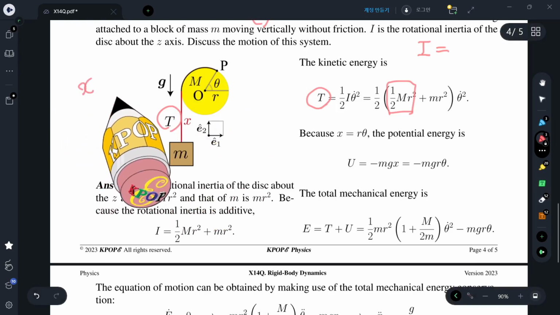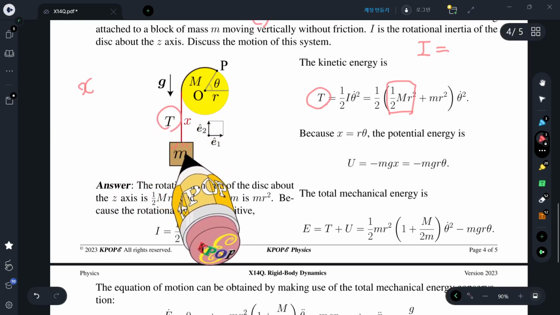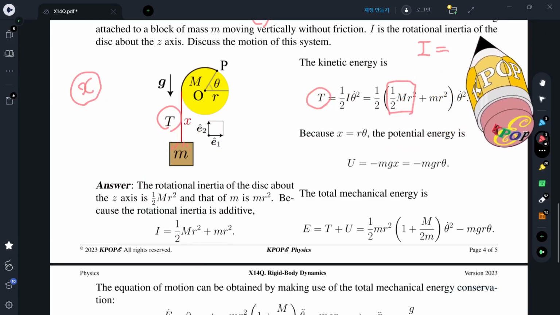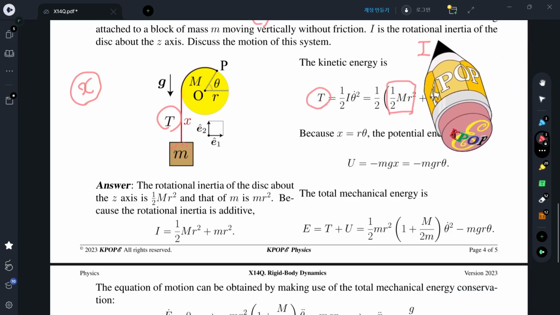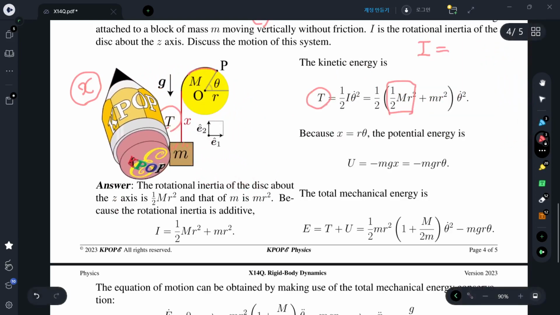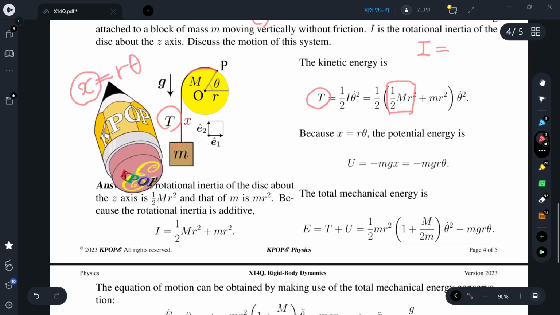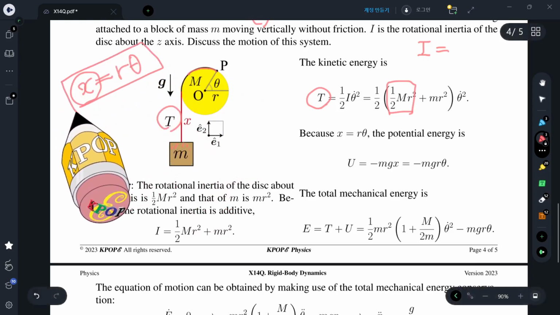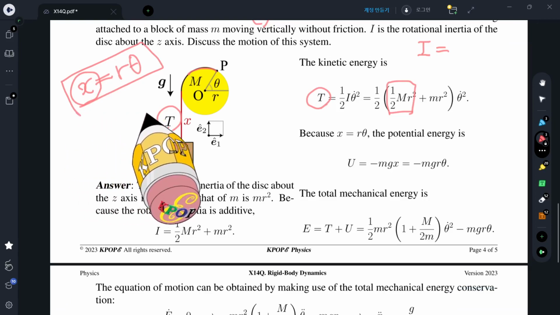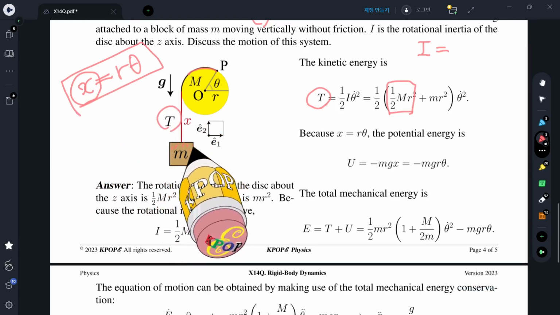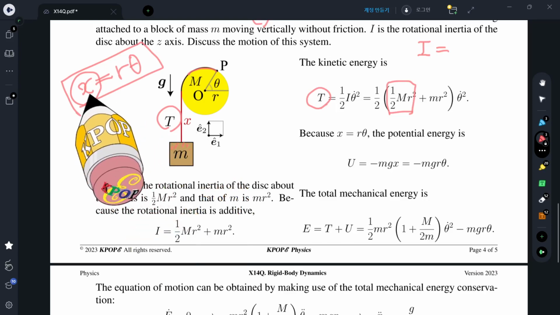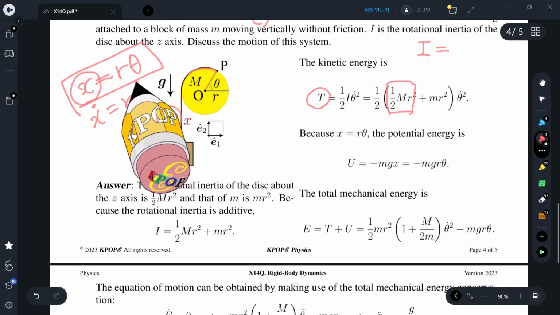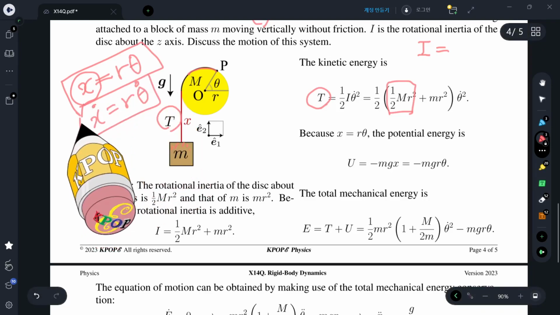The distance of travel by this block is straight, and if I assume it is x, because the string is not stretchable, the arc length, the angle theta of the rotation, is completely determined by the translational distance traveled by this block. Therefore, x equals r theta, and x dot is clearly r theta dot. It's a very strong constraint.